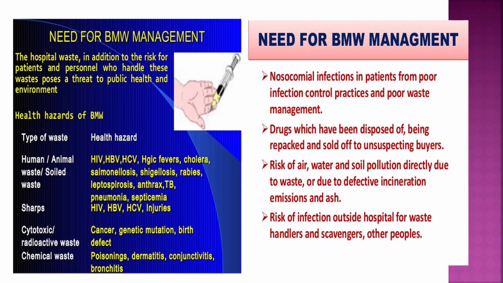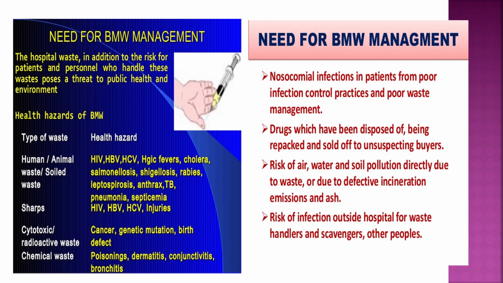Human or animal waste or soiled waste can give infections like HIV, hepatitis B, hepatitis C, hemorrhagic fevers, cholera, salmonella infection, shigella infection, then rabies, leptospirosis, anthrax, tuberculosis, pneumonia, septicemia.